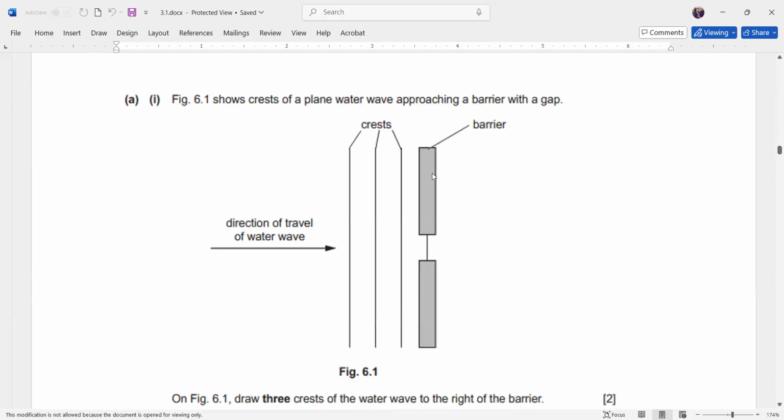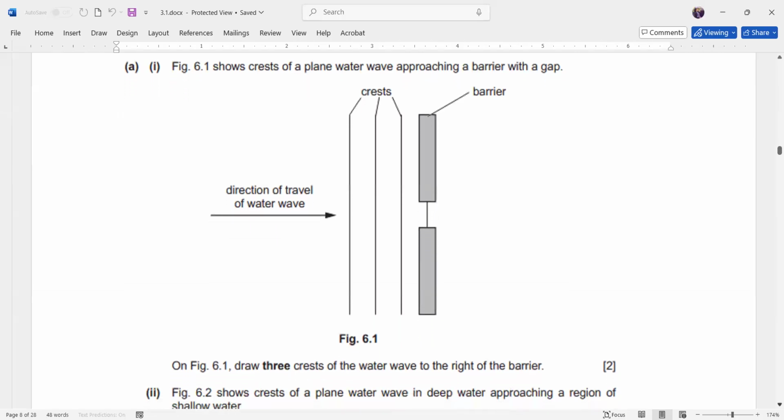Okay, next we have figure 6.1, which shows a crest of a plane water wave approaching a barrier with a gap. You can annotate on the screen to complete this. On the figure, draw three crests of the water waves to the right.